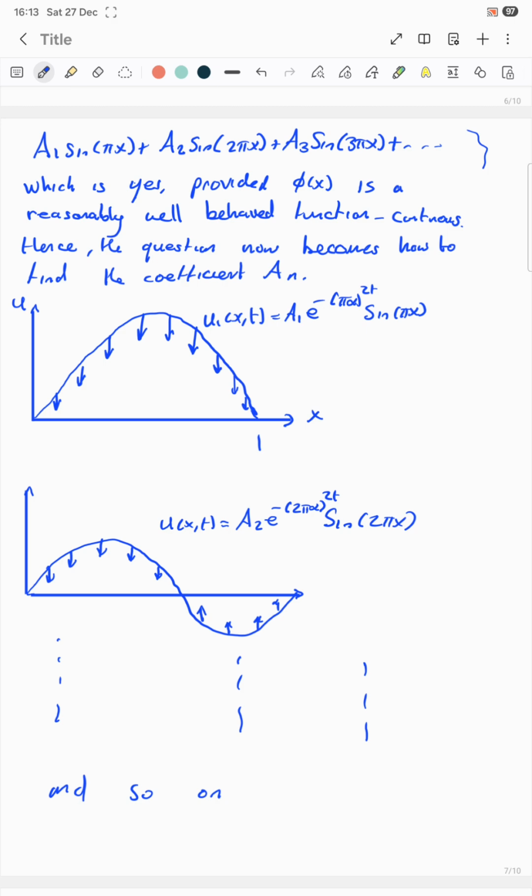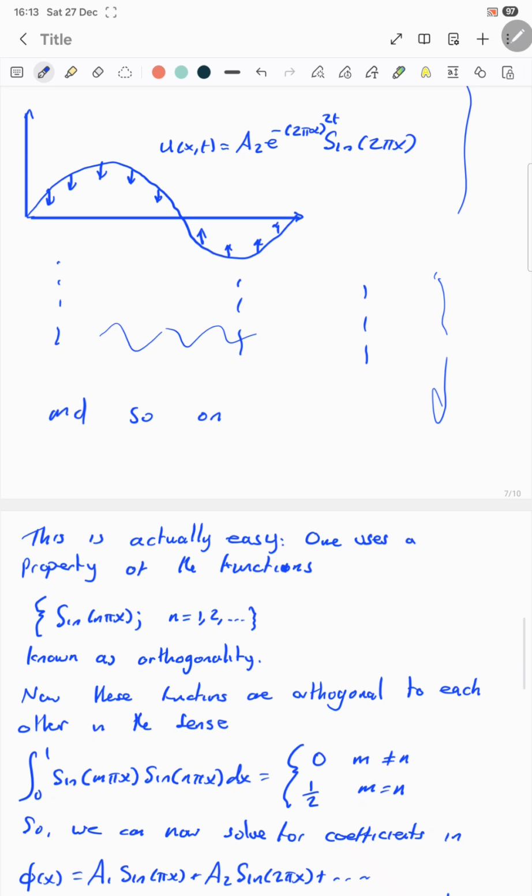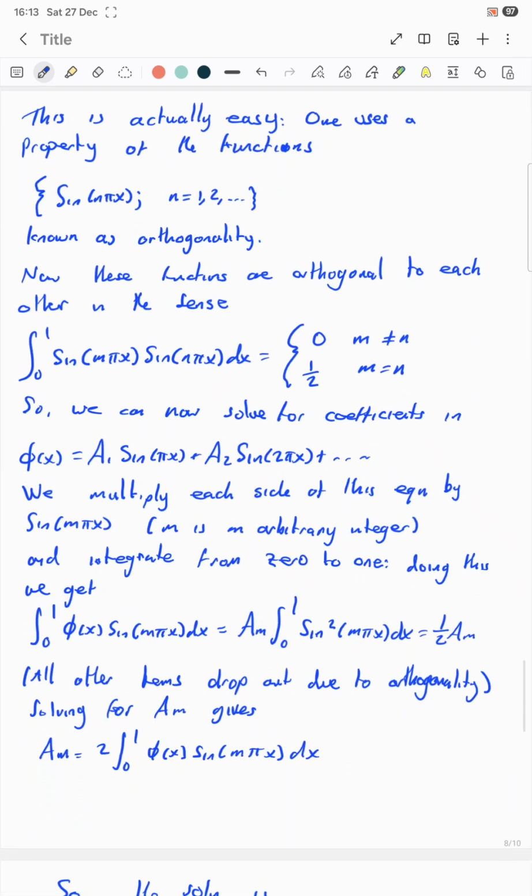Hence the question now becomes how to find the coefficients a_n from these equations, and we'll keep going where they become more and more wavy as we keep adding more and more terms and so on. Now this is actually pretty easy and uses a property of the functions sine of n pi x, where n equals 1, 2 and so on, known as orthogonality.